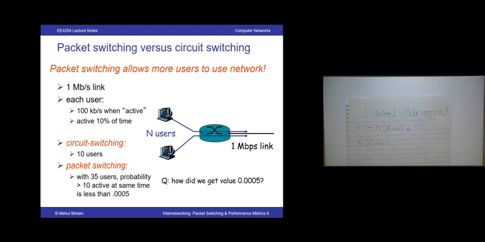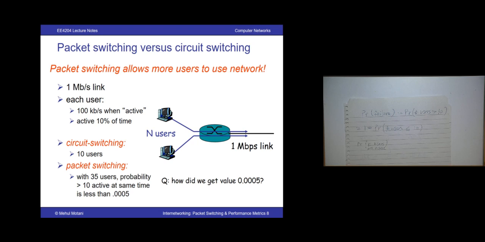So 35 is the population of potential users. So what's the probability that k users, let's say, are active? What is it? Do you know or not?